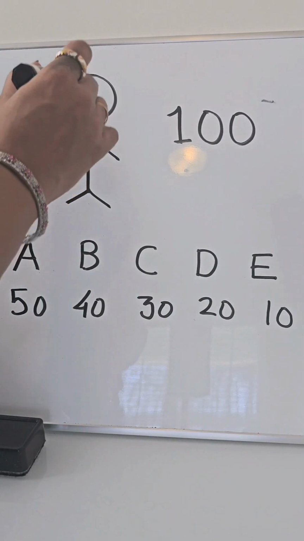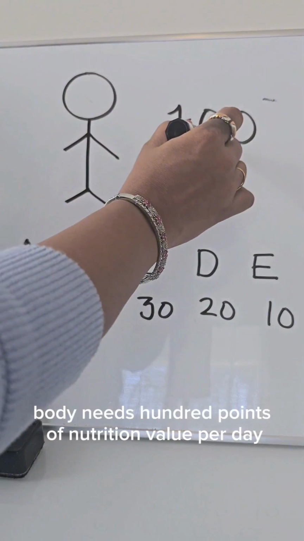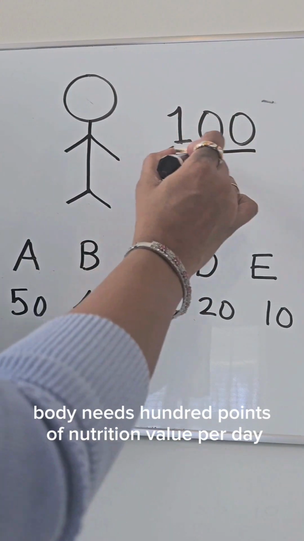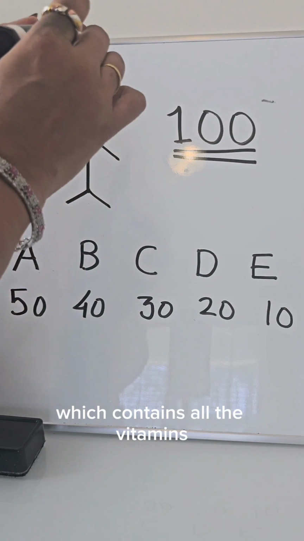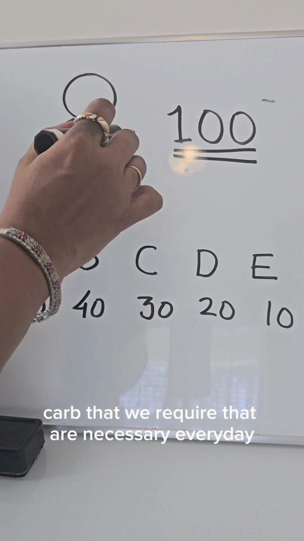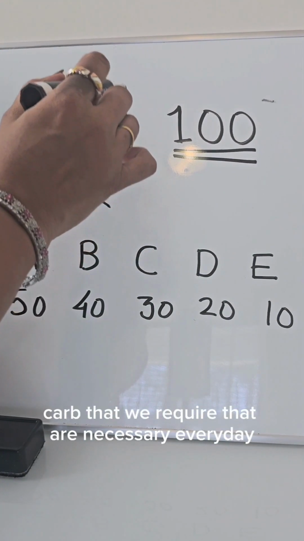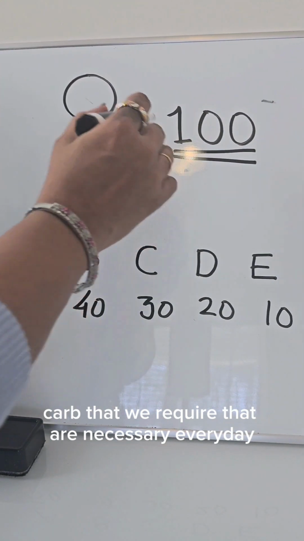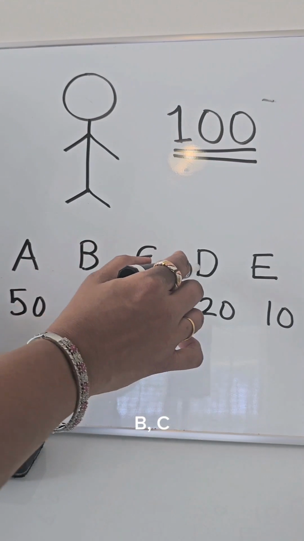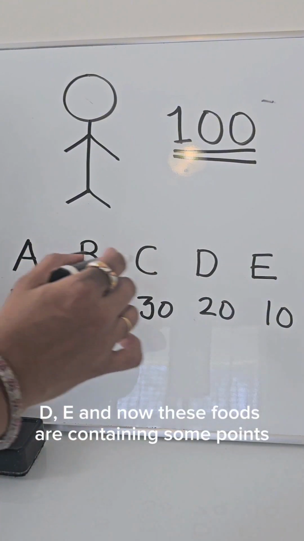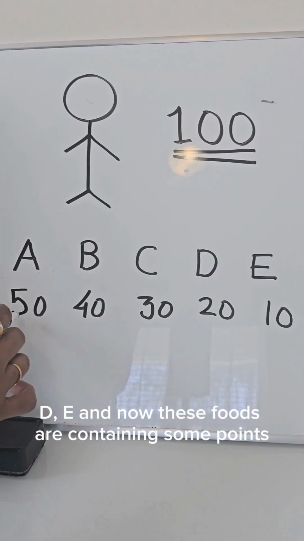Now, let's say our body needs 100 points of nutrition value per day, which contains all the vitamins, minerals, proteins, and carbs that are necessary every day. And we have some foods like A, B, C, D, E. These foods contain some points.